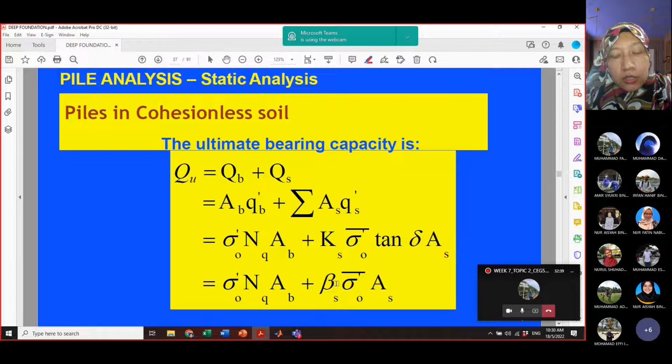The beta ataupun the coefficient will also depend on the friction angle of the soil as well as the delta. Itu yang membiasakan beta method dalam sand dan juga beta method in clay.